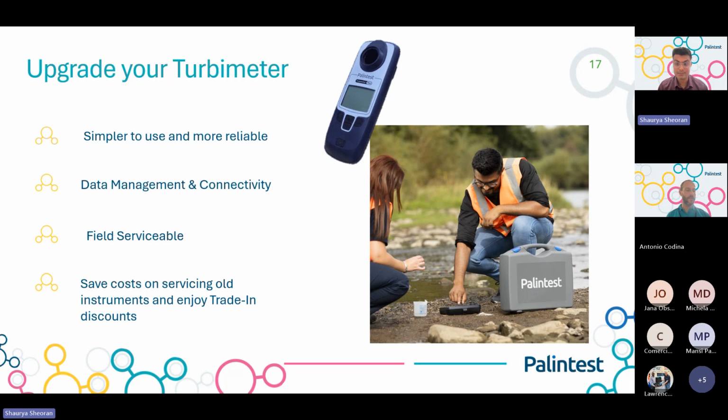The emphasis on data management and connectivity through GPS and the field serviceability of the instrument will make the entire portfolio of the Palintest turbidity instruments serviceable in the field as well.